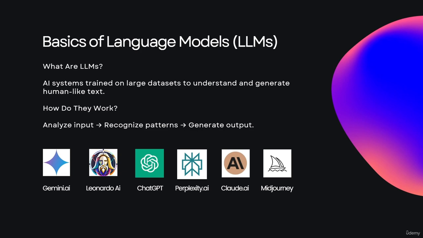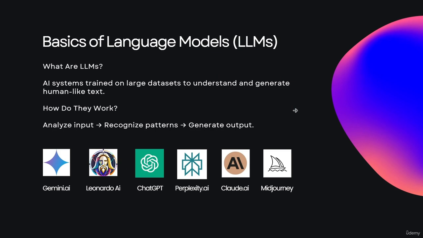After that it will generate an output. It is a simple single line diagram that I drew for better understanding. There is a lot more technical detail in these three steps, but I am not going deep. As a prompt engineer you just have to know how LLMs work.